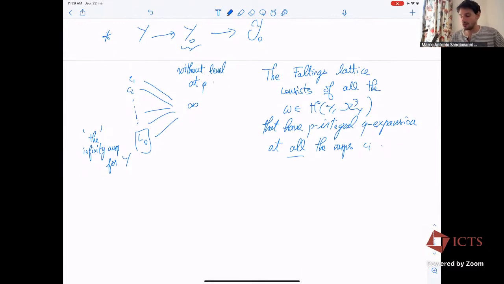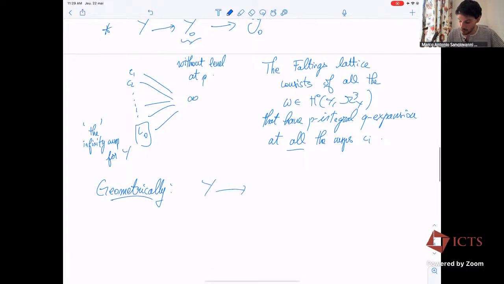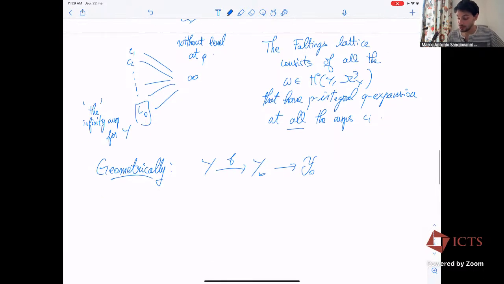Okay, so now let me state geometrically what this means. So again, take this point of view where you have Y mapping, I will denote the forgetful map f, to Y naught, which maps to the integral model Y naught, and this I will denote by pi.